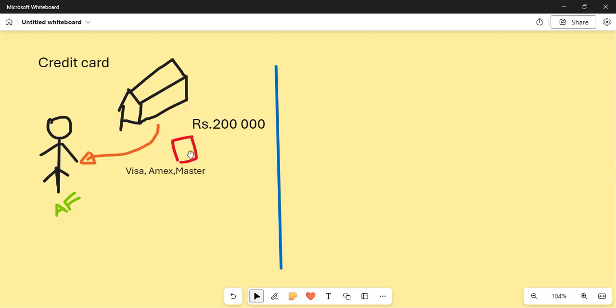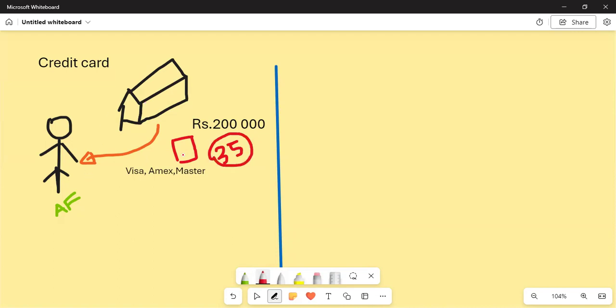You go shopping, you buy new clothes, KFC, McDonald's is not there these days, Domino's, and everything you buy. And that 200,000 within a particular time period. For example, within 35 days, some banks have 35, some banks 40, like that there are conditions. Within 35 days, you have to pay back, you have to settle that amount.